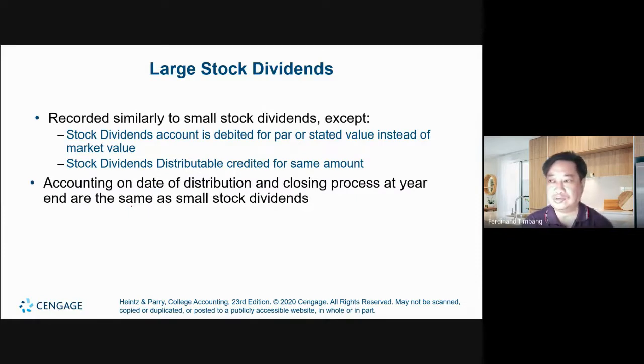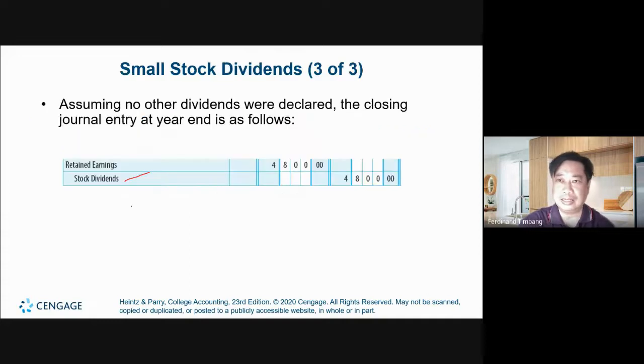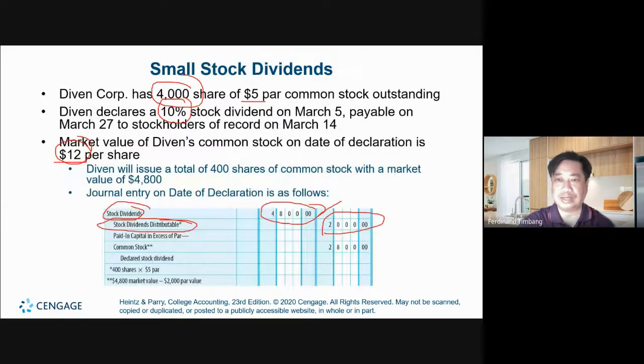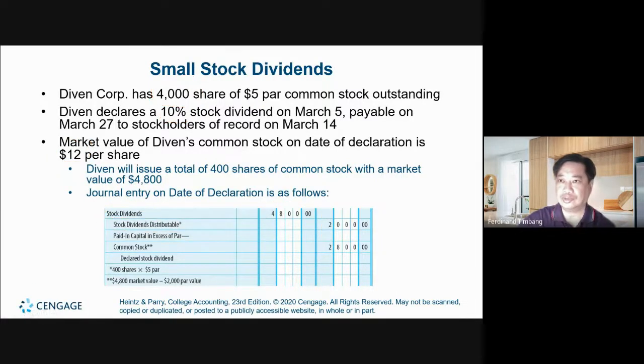Accounting on the date of distribution and the closing process at year end are the same as small stock dividends. So just to reiterate, if this is a large stock dividend, so let's say this one, instead of 10%, they declared, let's say, 30%.